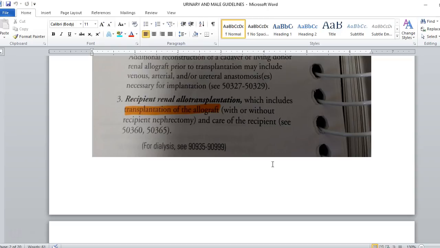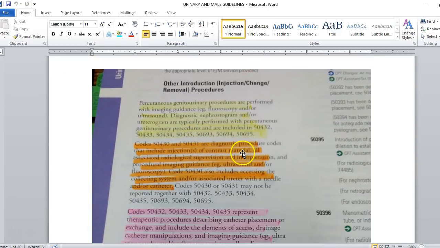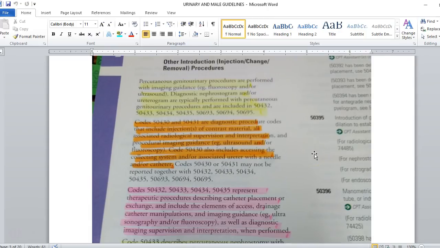Now, the next section of codes that we have are about dealing with all the different types of catheters that we put inside of the body, usually to hold the ureters open. One part of the catheter ends up in the kidney, the other part ends up in the bladder. So this is starting on page 342.